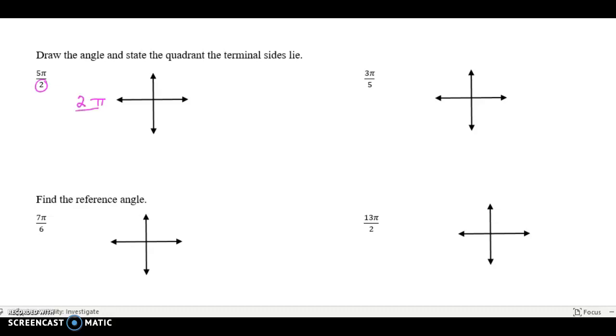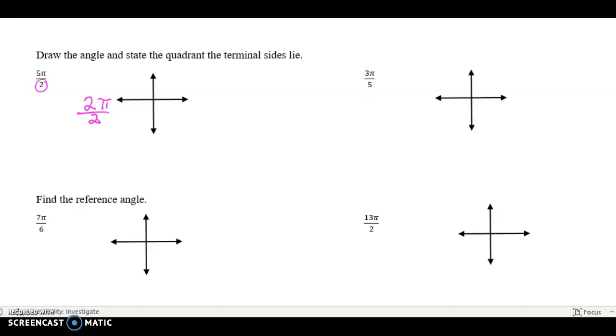So 2 pi over 2 is still the same as pi, or 180. Remember, 180 is pi. That's why I put pi right here, because that's 180 degrees. So to give it a common denominator, 2 pi over 2 is still pi.